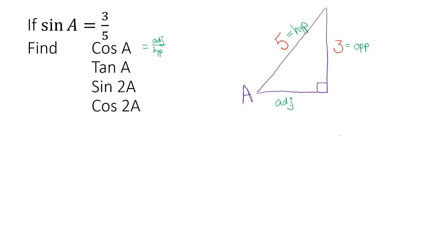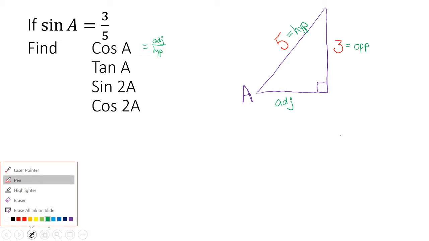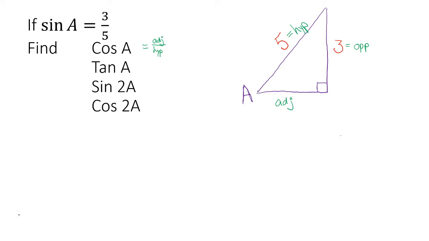Can you think of a way that we can calculate the third side of a right triangle? Yes. Since the beginning of your high school math, you've been learning about the Pythagorean theorem. A squared plus B squared equals C squared. We don't have to call it A, we could call it B, the variable, too, but I'm using A for adjacent.